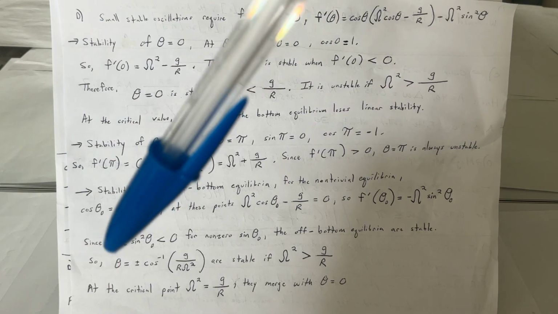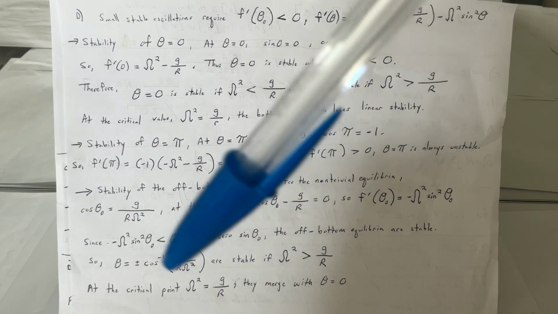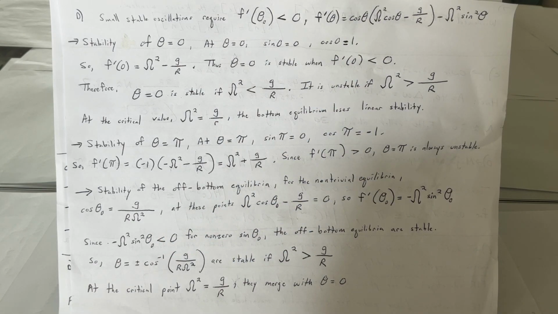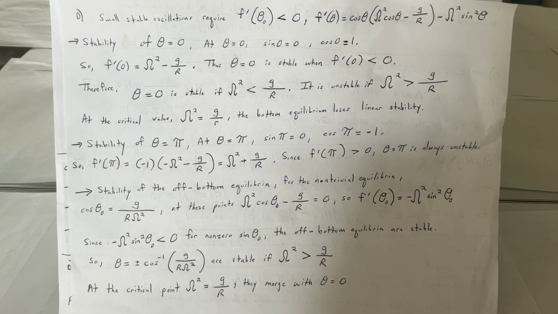Since this is less than 0 for non-zero sine theta naught, the off-bottom equilibria are stable. So theta equals plus or minus inverse cosine of g over r omega squared are stable if omega squared is greater than g over r. And at the critical point, omega squared equals g over r, they merge with theta equals 0.